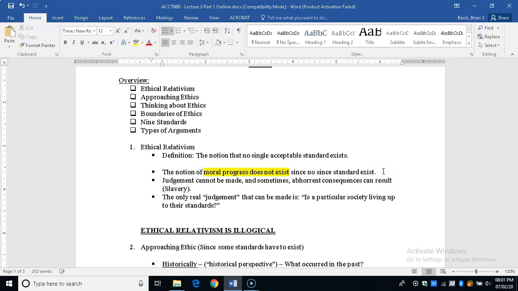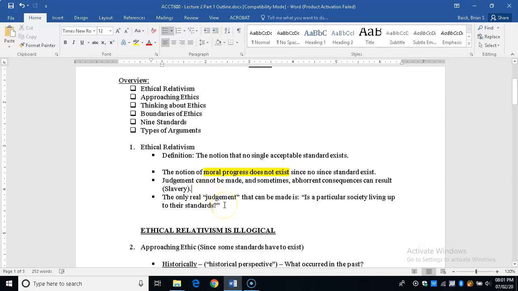If you are a proponent of ethical relativism, then it means that you can't make a judgment on anybody's culture. You can't make a judgment on any set of standards that might exist because as an ethical relativist, you'd have to accept that slavery is okay because ethical relativism states that there are no right and wrong answers.